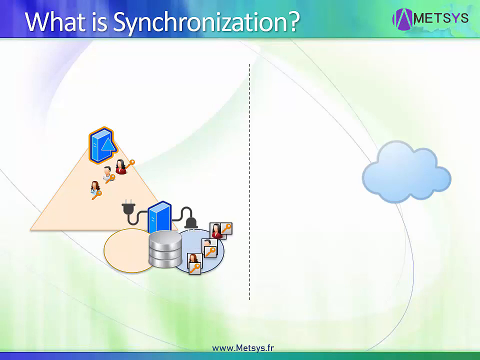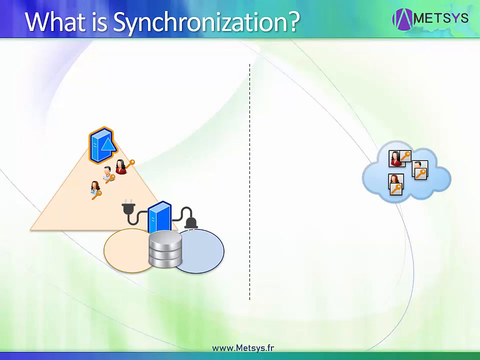In this process, all the objects from the connector space which are marked for output synchronization will get synchronized to the Azure Active Directory cloud. At the end, all the objects that we have selected and marked for synchronization will get synchronized from the on-premise environment to the Azure Active Directory environment.